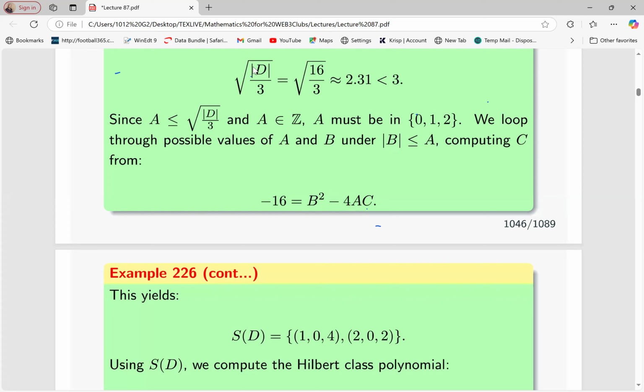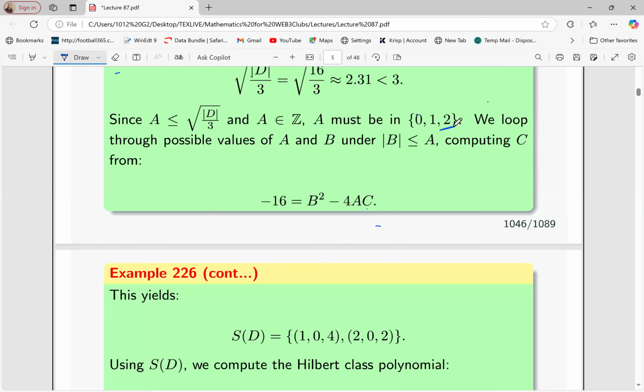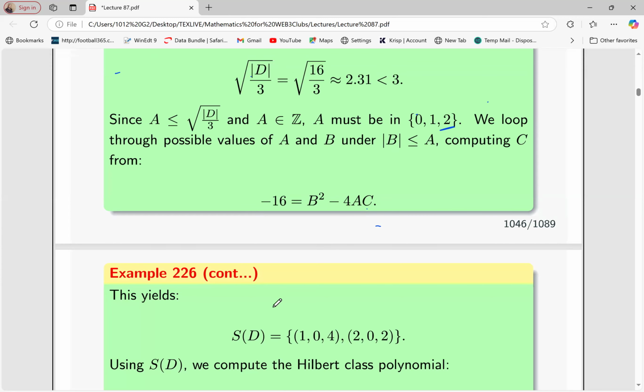I think there's something we did not consider. We did not consider this 2 as being A, because I'm seeing a different result here. I don't think we considered this 2 when D is negative 16, because we had said that the maximum value of A will be this.